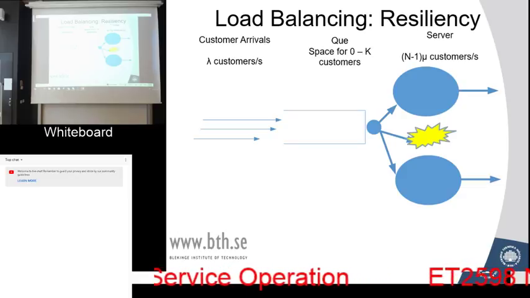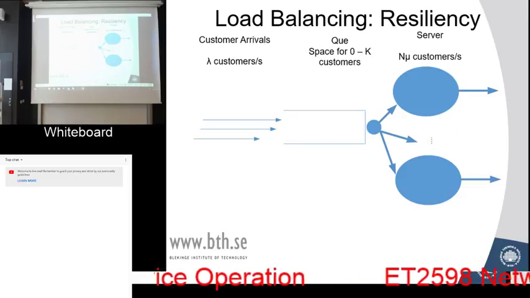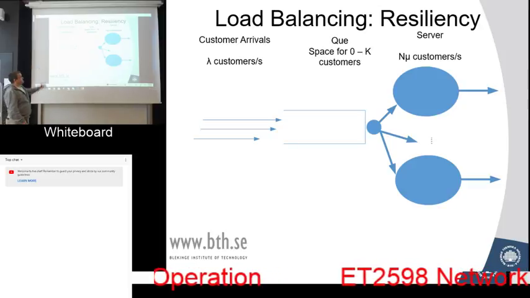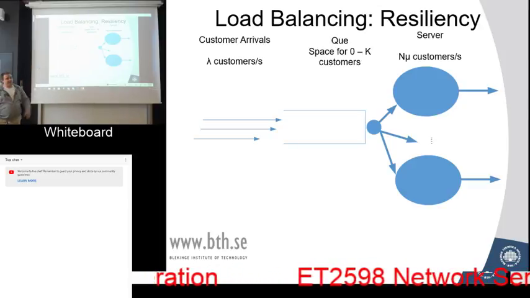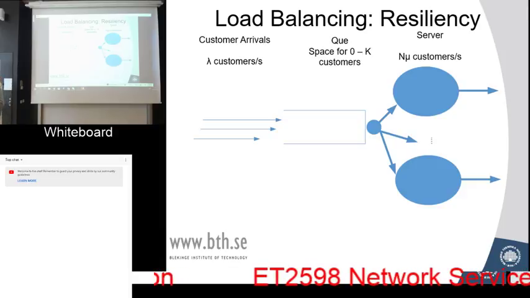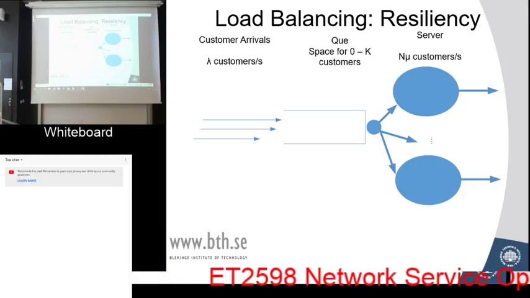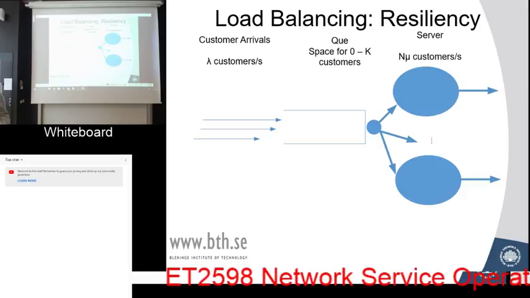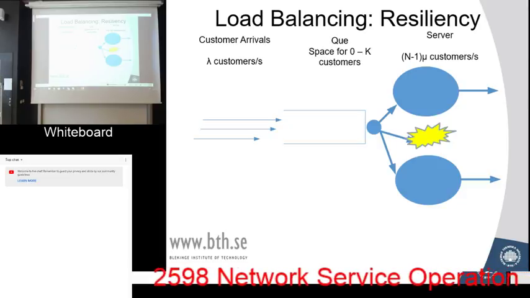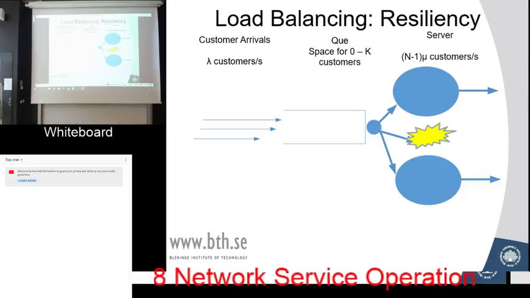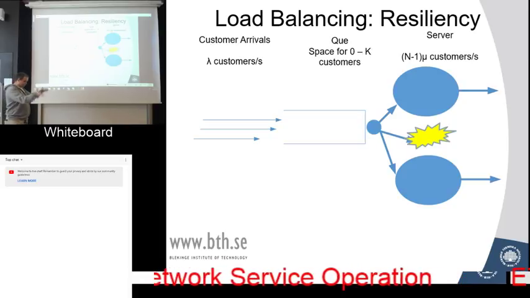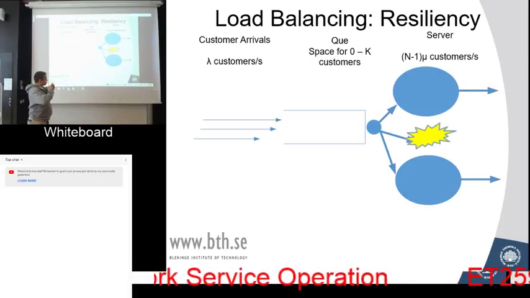So in the case of resiliency, assuming this is the setup, we have n servers, and we're doing our thing, we're working fine. And then suddenly, bang, one of the servers fails. Hardware failure or something, we don't know. It just stops working.